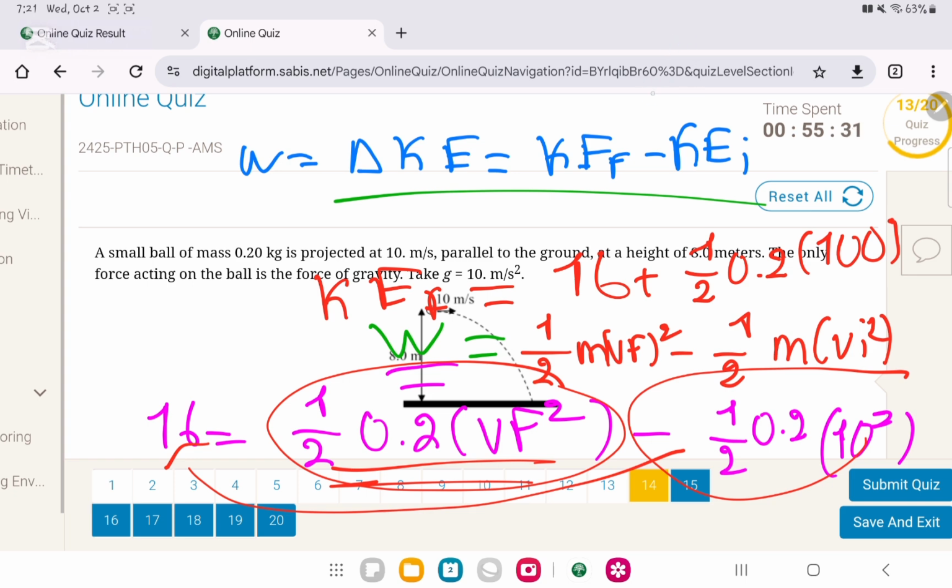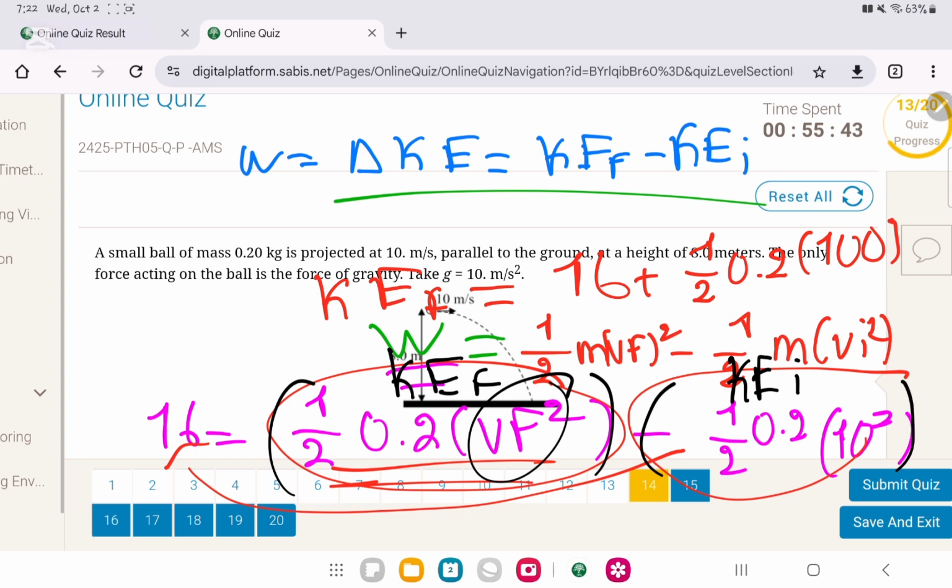So let me repeat that last step again. This is kinetic energy final. This is kinetic energy initial. We are missing here v final squared, so we cannot find the kinetic energy final directly. So what we're going to do is move the kinetic energy initial to the other side.